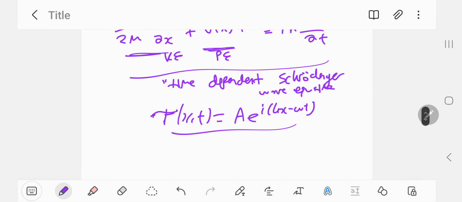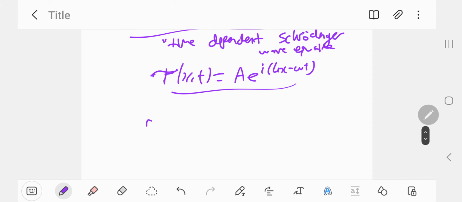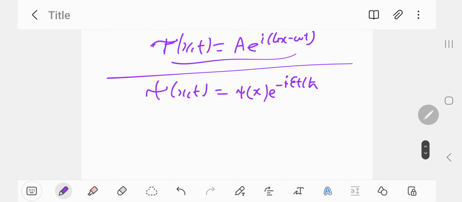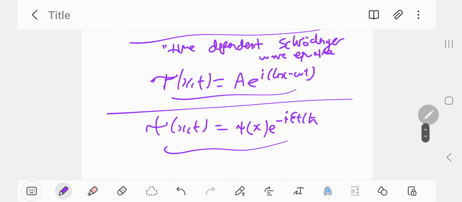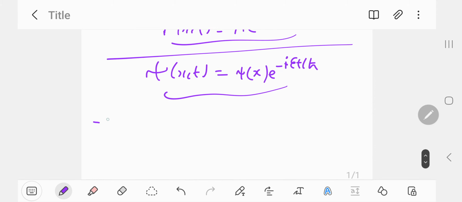To get the time-independent case, we'll assume the wave function looks like this. That should be a small psi, e to the minus i E t over h bar. If we plug this into the time-dependent case up here, we'll get the following expression.